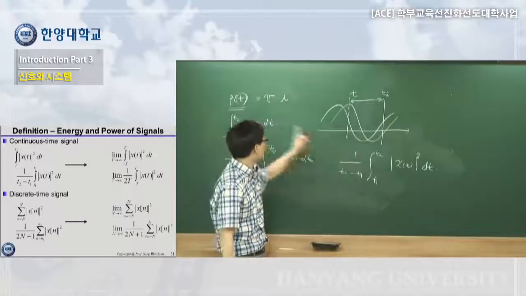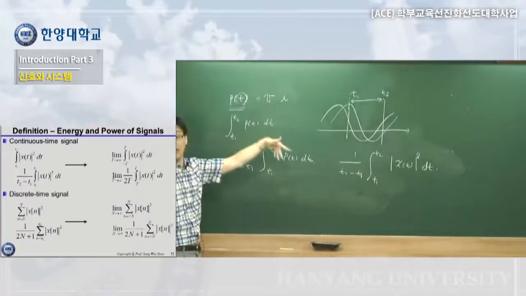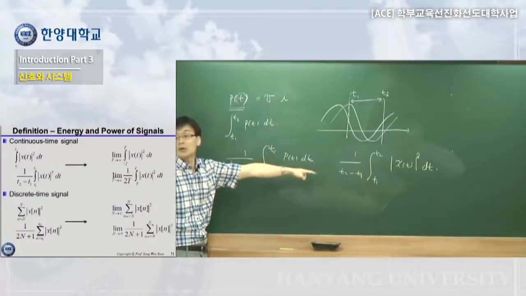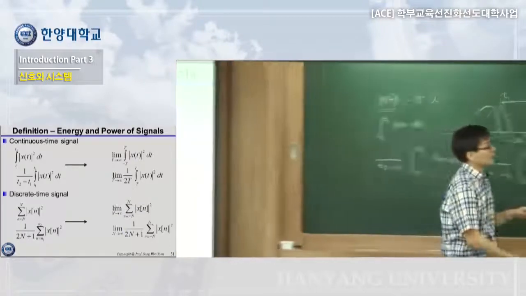If you don't have it, then they correspond to this. So in this line, they consider plus and minus. In this line, we don't consider plus and minus. We just care about the amplitude. So we have another value like that.